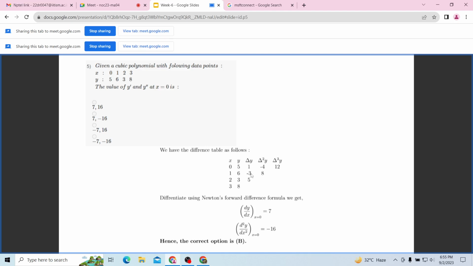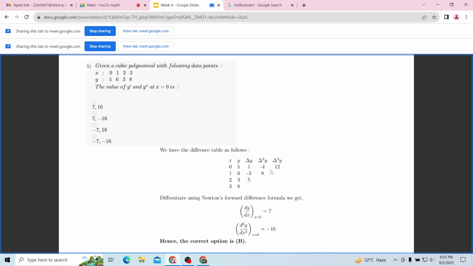Then 3 minus 6 will give you minus 3. In a similar manner, you can calculate del y, and then calculate the del square y column. So it will be minus 4, 8, and then the del cube y column.